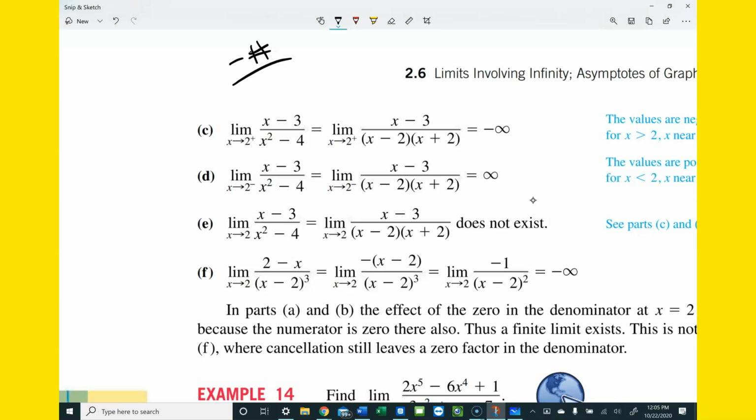And on bottom, this is going to be something a little bit more than 4 minus 4. So a small positive number. So if you have a negative number over an extremely small positive number, you're going to go to negative infinity. Any negative number over an unimaginably small positive number, a negative over positive is a negative, so it's going to be negative infinity.